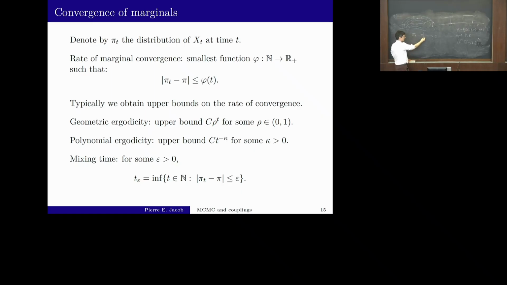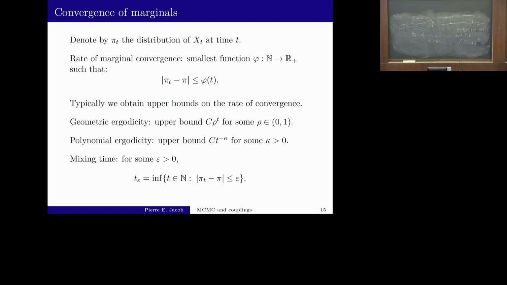So here the distance between two, I'm writing this as a norm. This is the distance between two distributions. And instead of writing going to 0, I would like to have a rate if possible. So I would like to have an upper bound. Well, if I could have an equality, I would be even happier, but I'll be okay with an upper bound. That would be a function of t that goes to 0. And it's quite interesting for people in MCMC to know the rate of convergence.